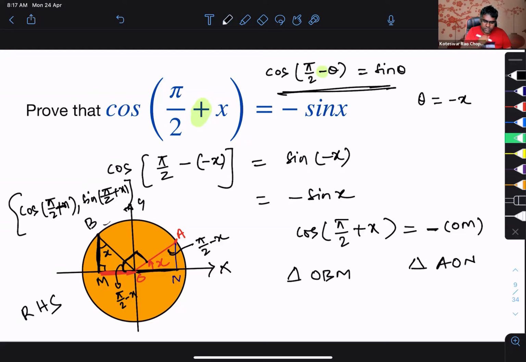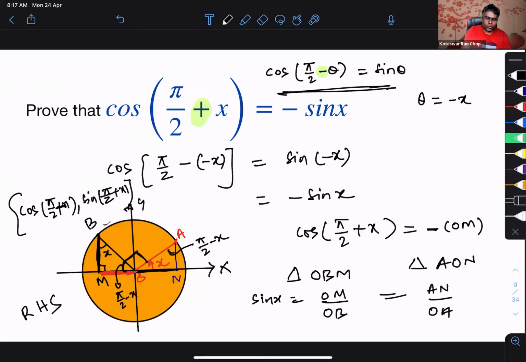In these two triangles, if I use the definition of sine x, it will give me OM by OB, and in triangle AON, it will give me AN by OA.